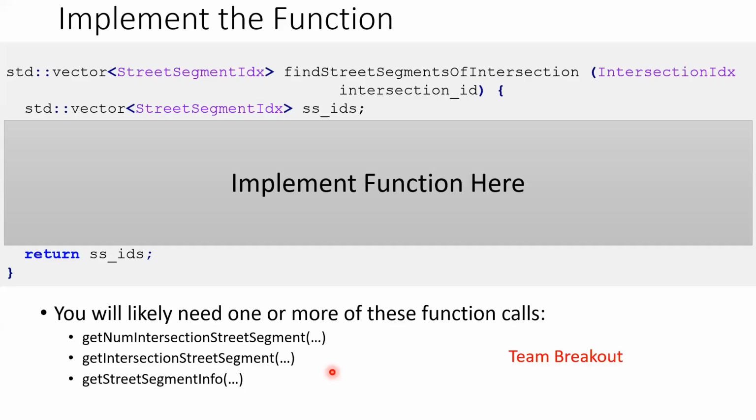And now I will ask you to break into teams and try to implement this function: find street segments of intersection, using the brute force way of just calling the 3 functions that I just introduced above. So recall this function, we want to get from an intersection ID all of the street segments connected to it.